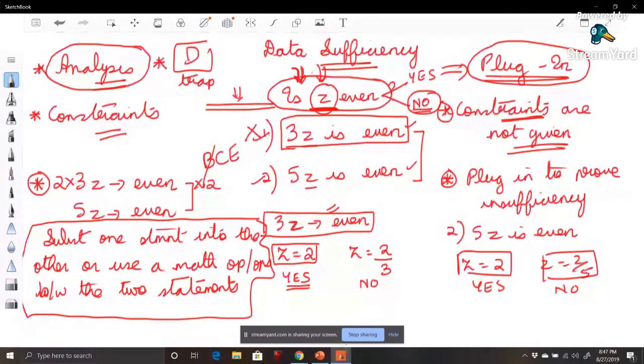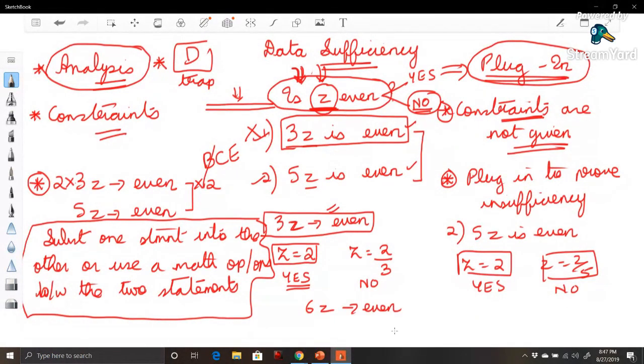By multiplying the first statement by 2, I get 6z is even, because 2 into 3z is 6z and an even into 2 will also give me an even value. And from the second statement, I have 5z is equal to even. And by subtracting the 2, I get z is an even value. And it answers exactly the question that I want.